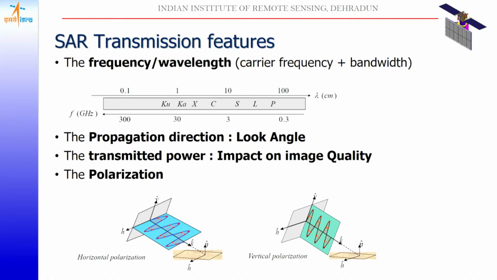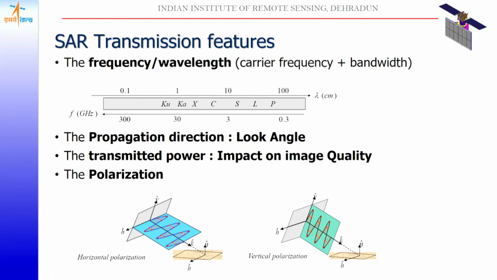Second is the angle, which is called the look angle: at which look angle we are transmitting the signal. The look angle also very much affects the SAR images. As you know, SAR is a side looking system, so in the side looking system, how much is the look angle?